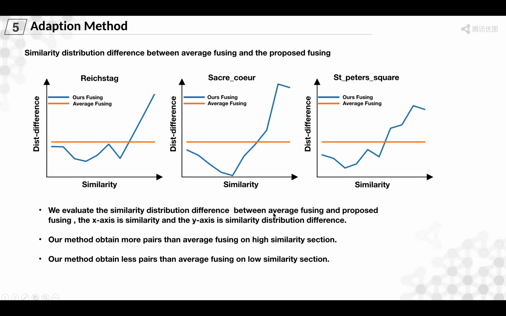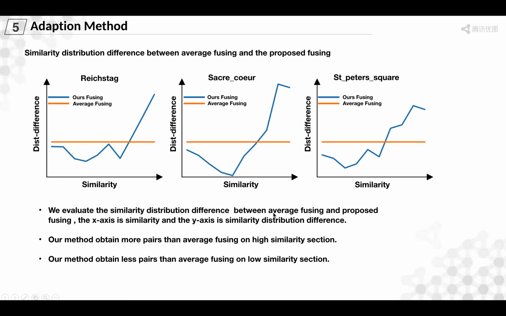To verify the effectiveness of our method, we choose 3 validation schemes randomly and compare the similarity distribution between average fusion and the proposed fusion. Specifically, we collect the ground truth matching pairs and evaluate the distribution of cosine similarity distance.